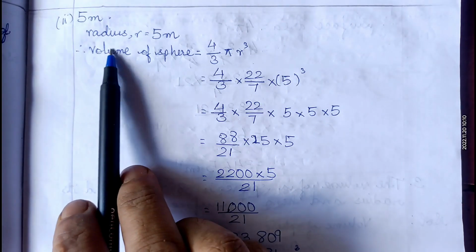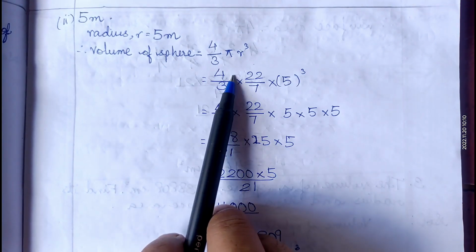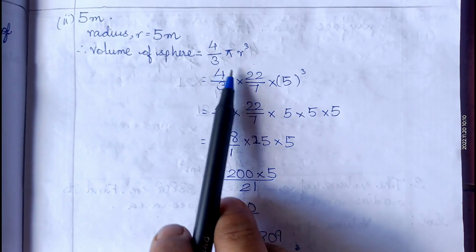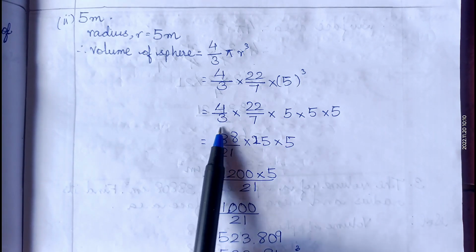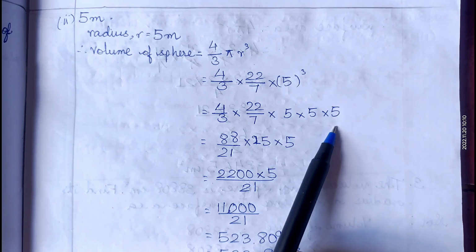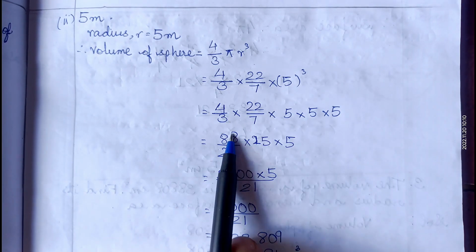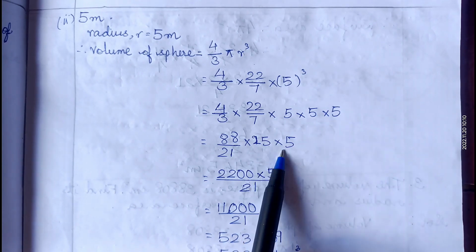In question number 2 it is given radius is 5 meter. We know volume of sphere is 4 by 3 pi r cube. So 4 by 3 pi is 22 by 7 into 5 cube. So it will be 4 by 3 into 22 by 7 into 5 into 5 into 5. 4 into 22 it will be 88. 3 7s are 21. 5 5s are 25 into 5.